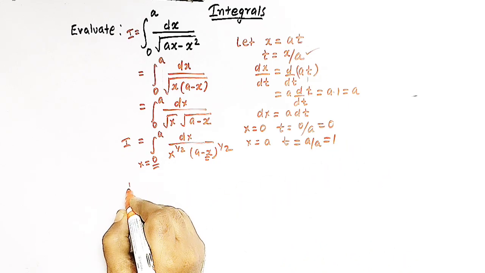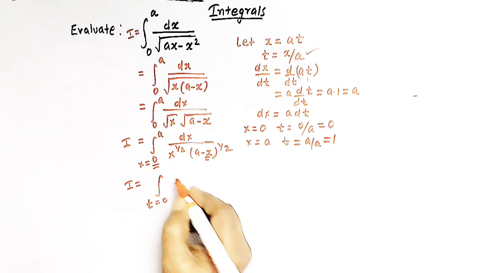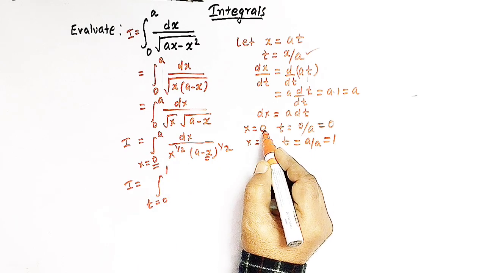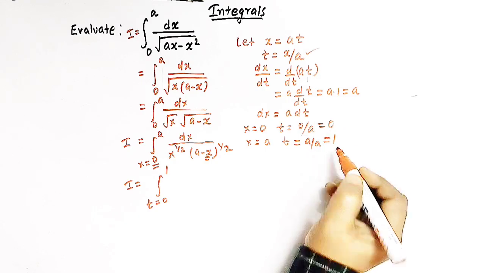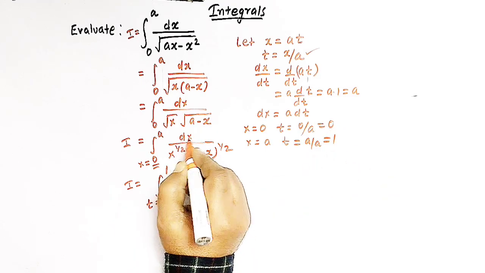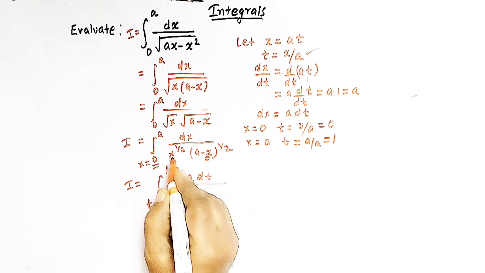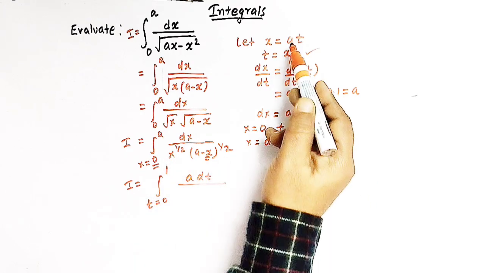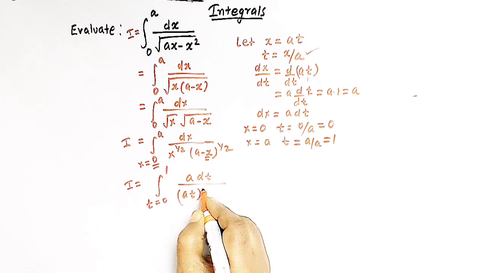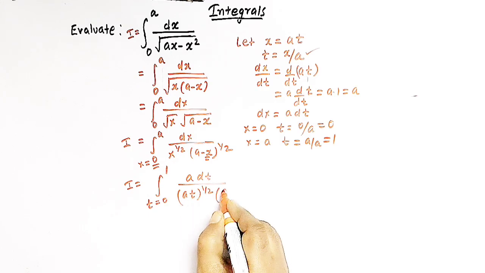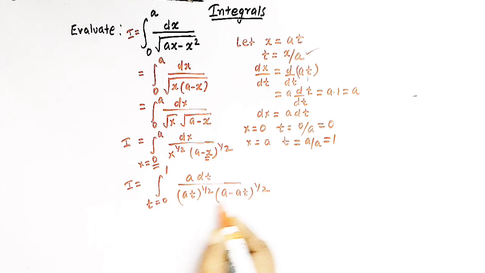So now we can write this integral I as t is equal to 0 to 1, because when x varies from 0 to a, t varies from 0 to 1. And here for dx we can now write a dt, and here for x we can write at. So we have (at) raised to half, and here we have (a minus at) raised to half, right?